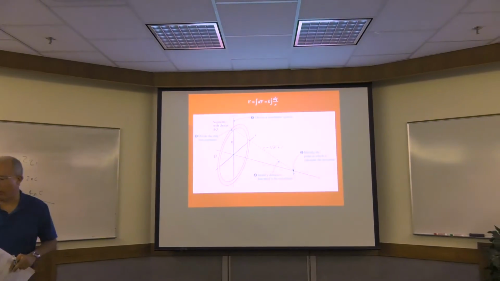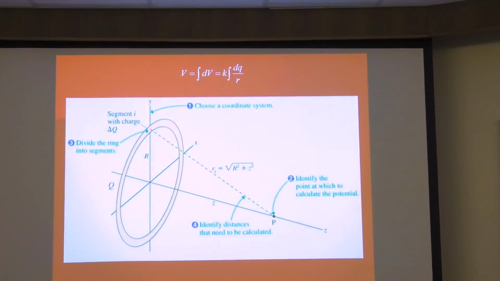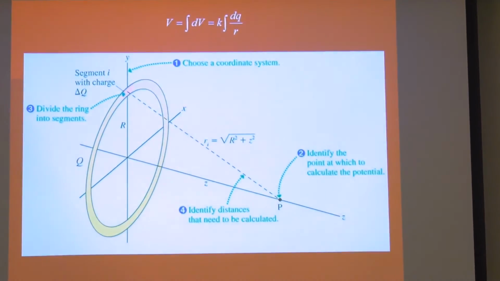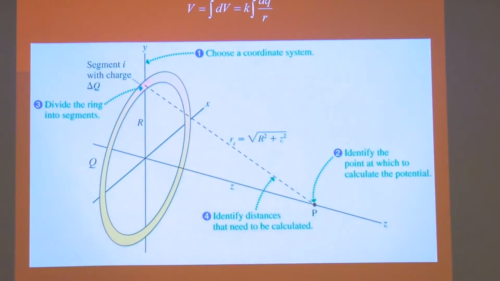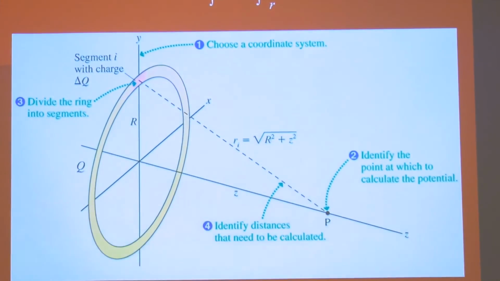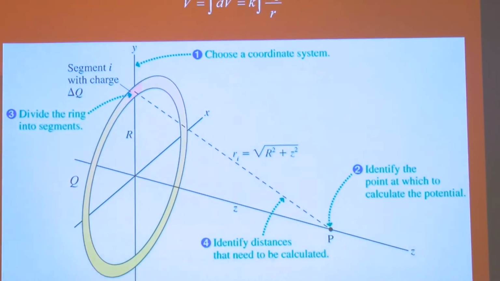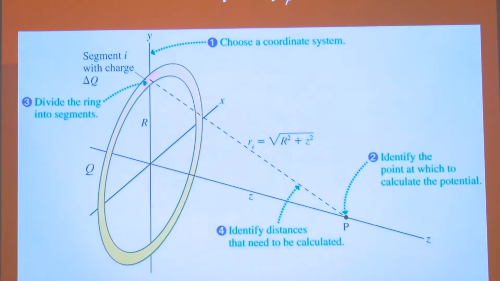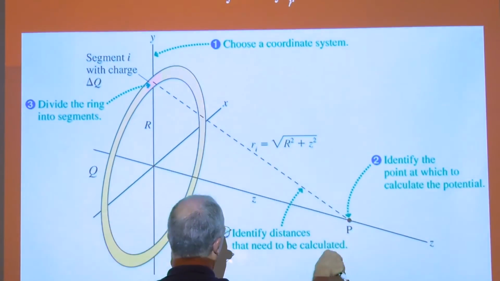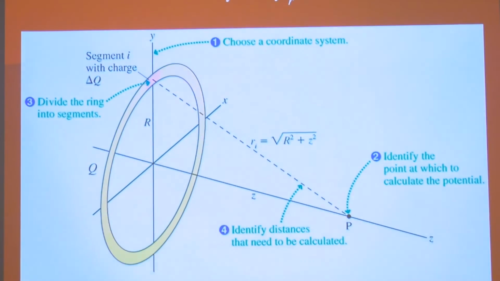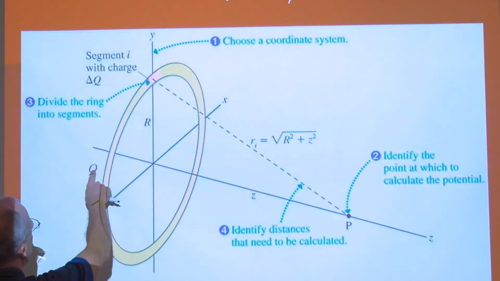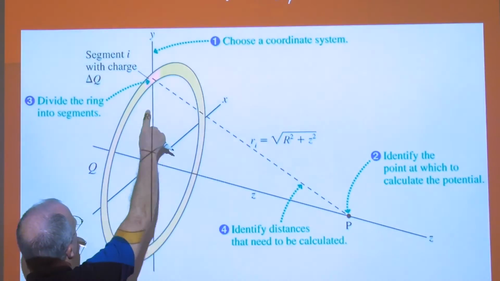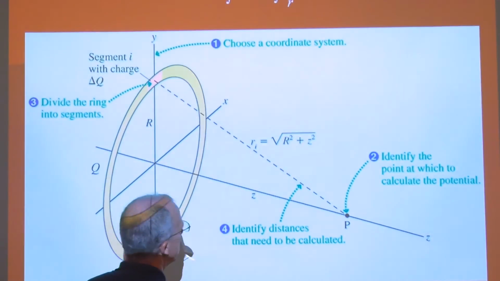So here's a really wonderful example. Everybody read that or look at it carefully, please. Okay, so we want to calculate, it doesn't even say it, good golly, we want to calculate the potential right here. So we're given the charge, we're given the radius of this circle, we're given this distance z.